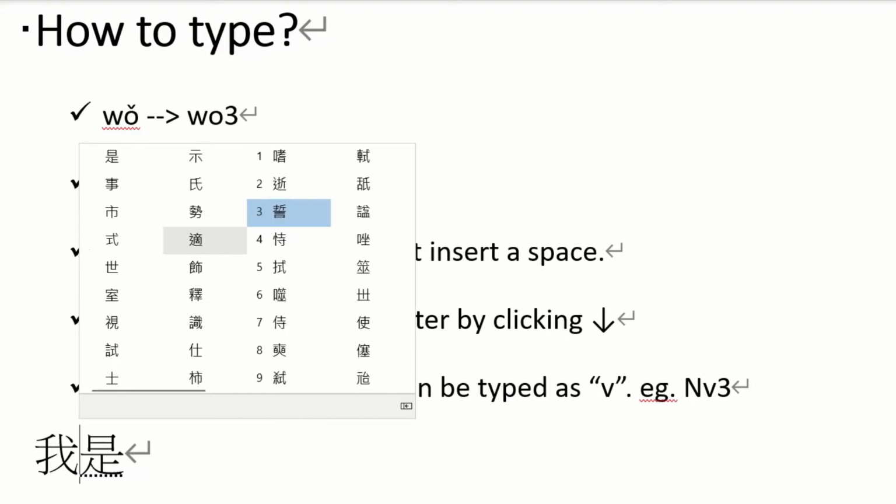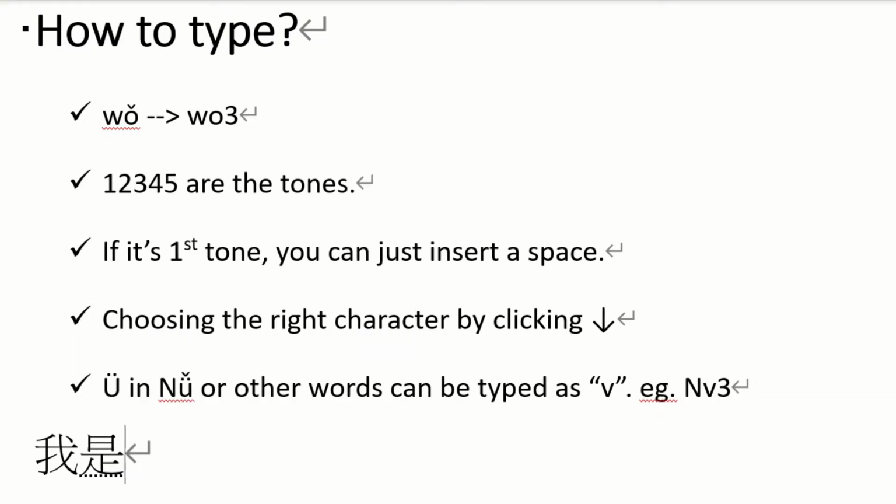You can simply click the character you want using your mouse or use the numbers. Once you click enter, the dotted line will disappear, and it means the characters cannot change.